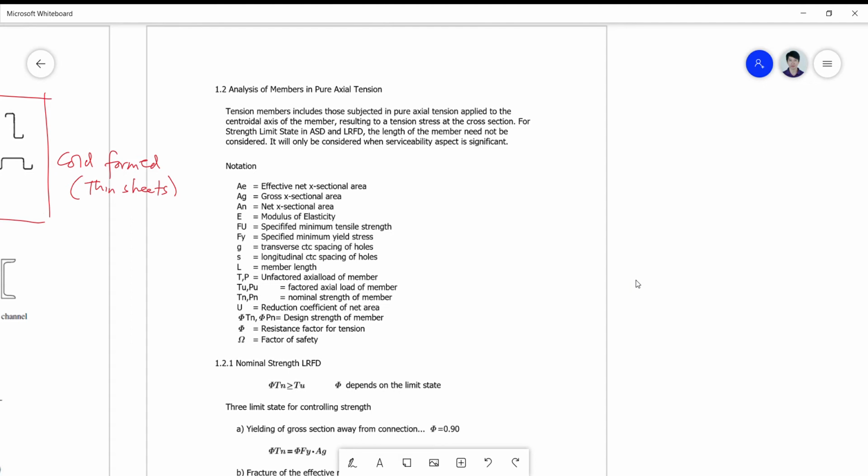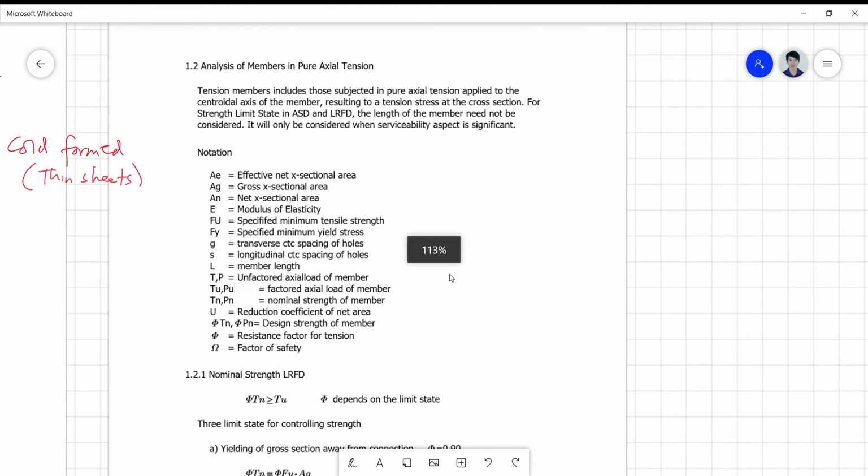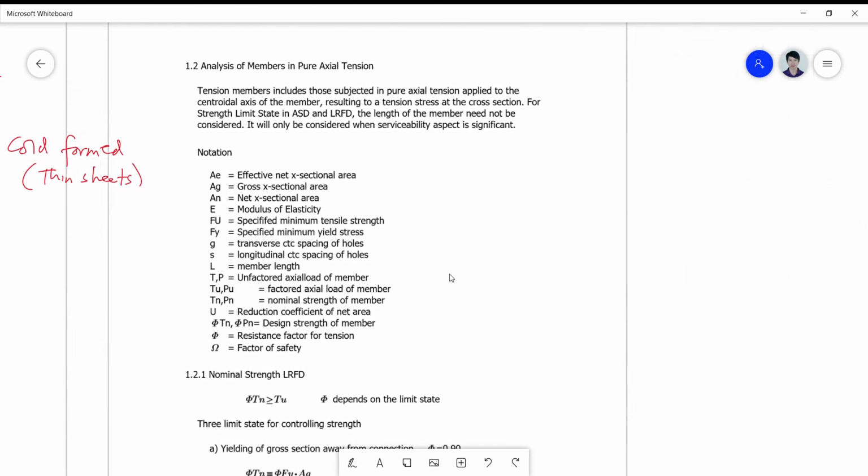Let's continue on the tension member concepts, and we are going to start digging into some computational aspects of how members subjected to pure axial tension are analyzed.